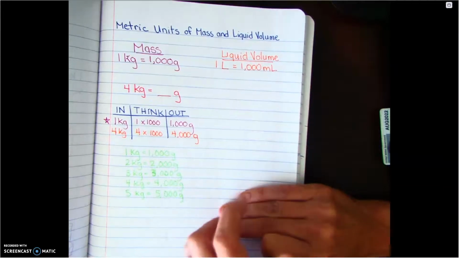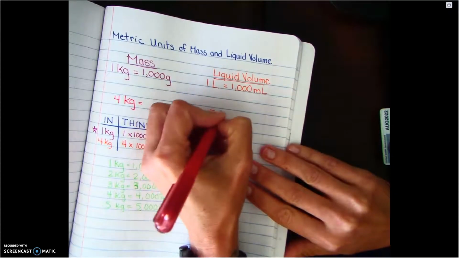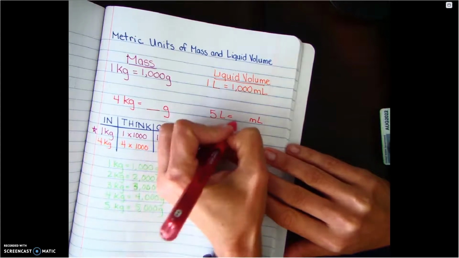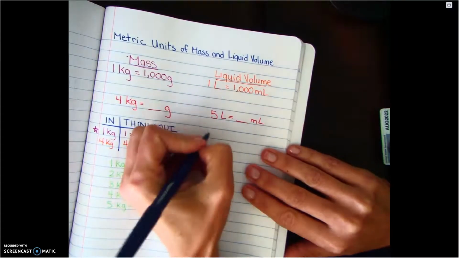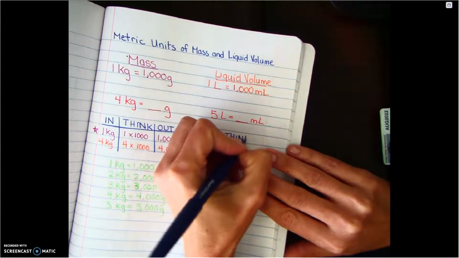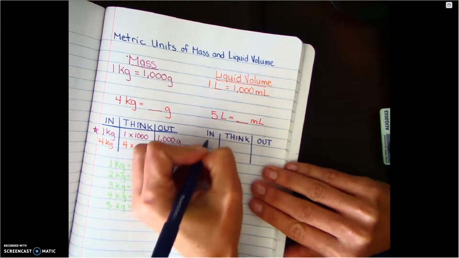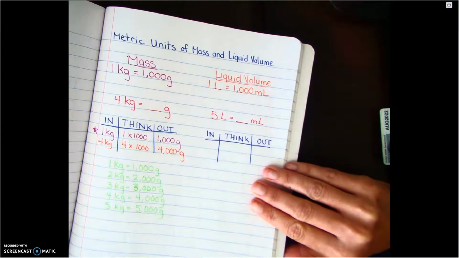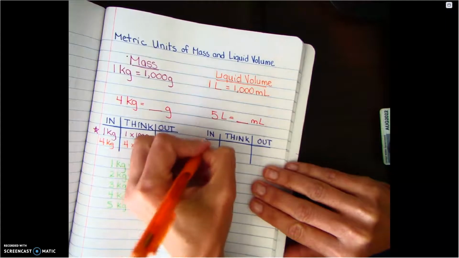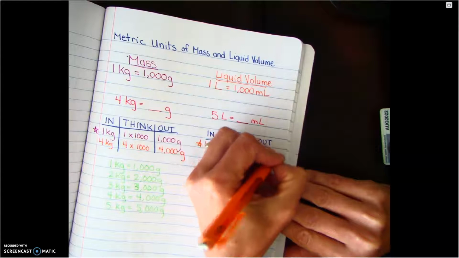All right, so the same thing works for milliliters. So if we were going to do 5 liters is how many milliliters? Let's draw my box. That means I do my quick in and out, and remember, this is just to get us started because we're going to notice the pattern. All right, so I always do my helper, which is right up here. 1 liter is 1,000 milliliters.